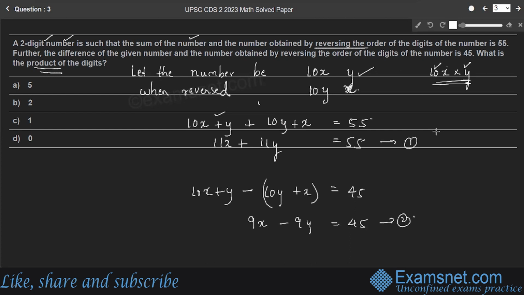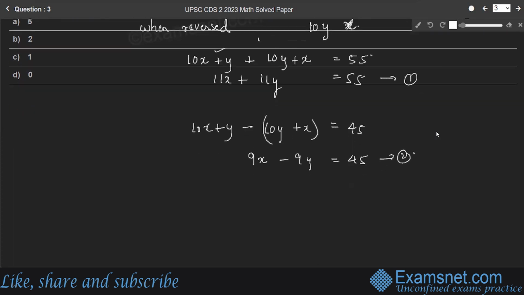Solve that. For that, 9 into 11: equation 1 into 9, equation 2 into 11. Now we have 99x plus 99y is equal to 55 into 9, so 495.